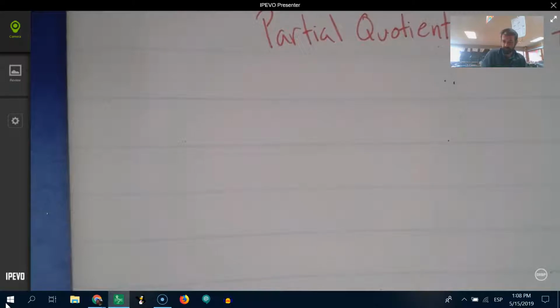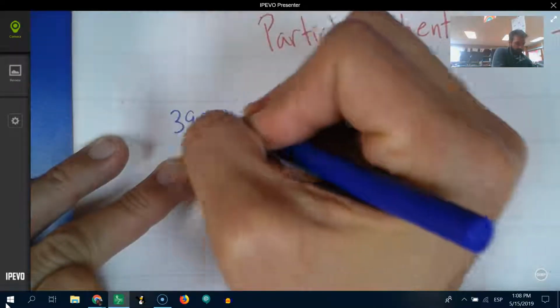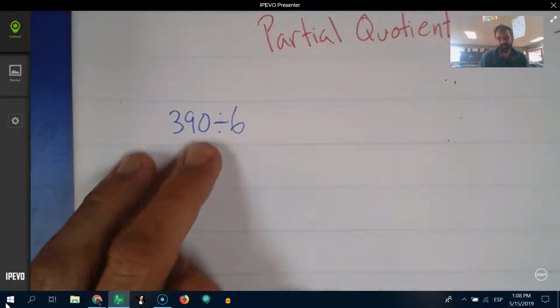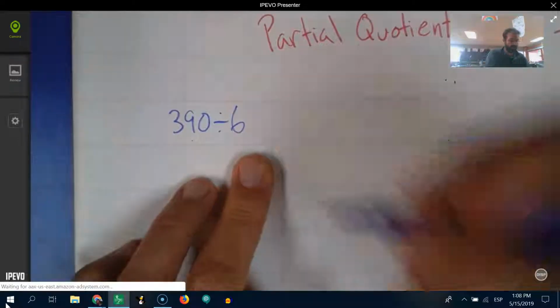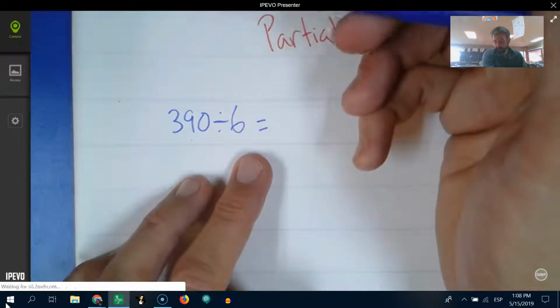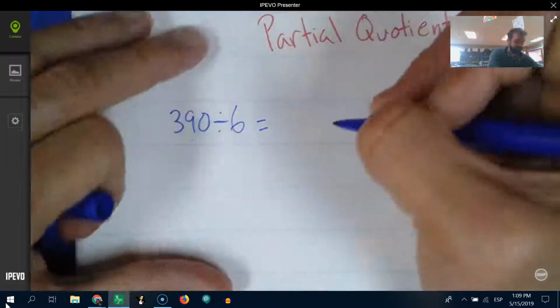So if we look at a problem like 390 divided by 6, right off the bat, thinking partial quotients, what are some partial dividends that we can use? How can I make this a little bit more manageable? Well, I can turn 390 into 360 and 30, okay?